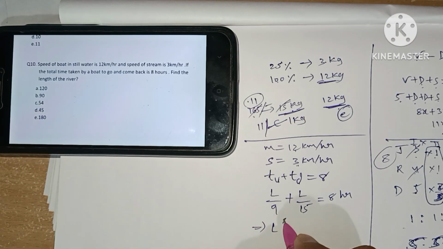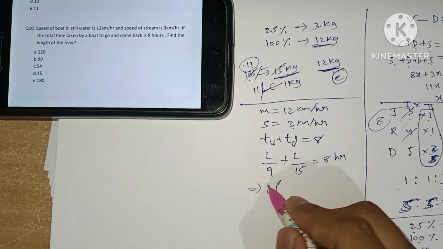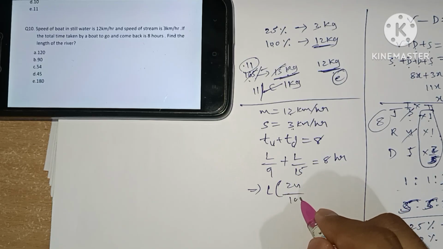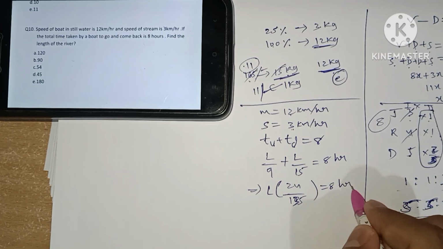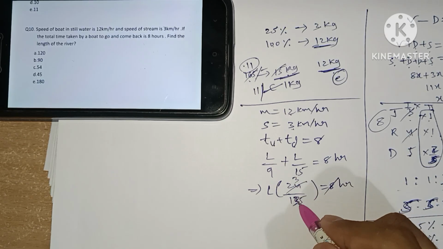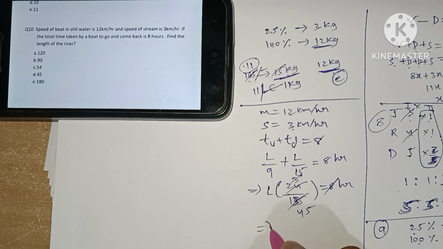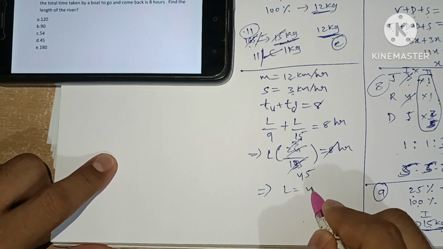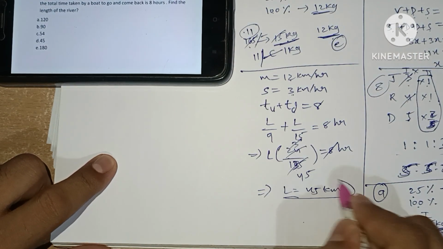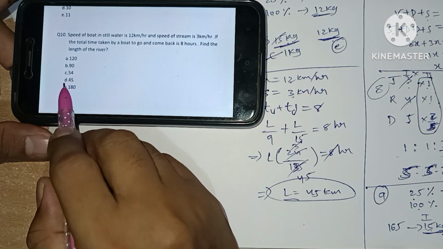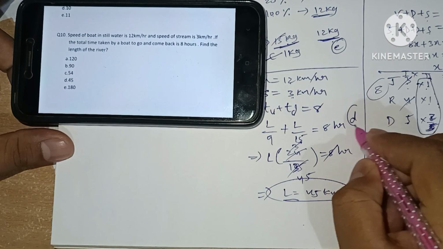Taking L common, we have (15 plus 9) which is 24, divided by 9 times 15, which is 135, equals 8 hours. 8 is 3 times... 3 times, 4 times and 5 times. So the answer L is 45 kilometers. So this is our answer. The answer will be option D, 45.